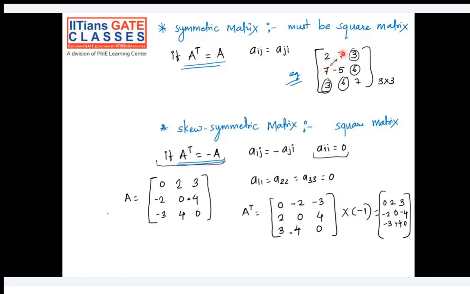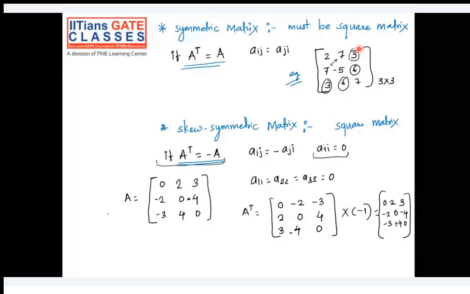So like a13 is equal to a31, a23 is equal to a32, right? So 6 is here, 6 is also here, because after taking a transpose, our principal diagonal terms are not changing. Only the other terms are interchanging. That's why we can call it a symmetric matrix.